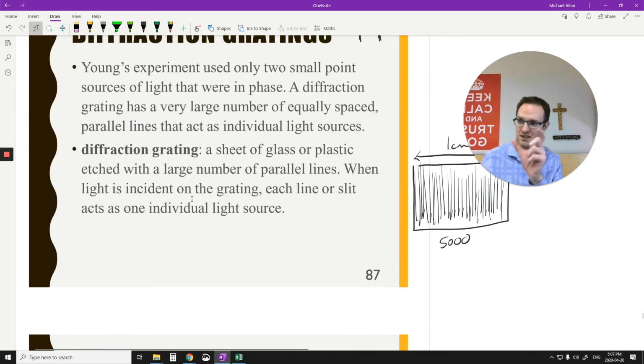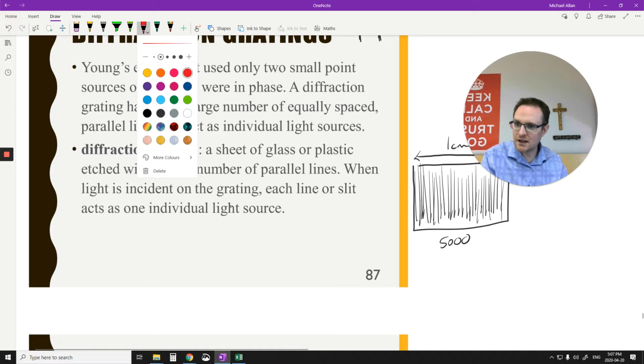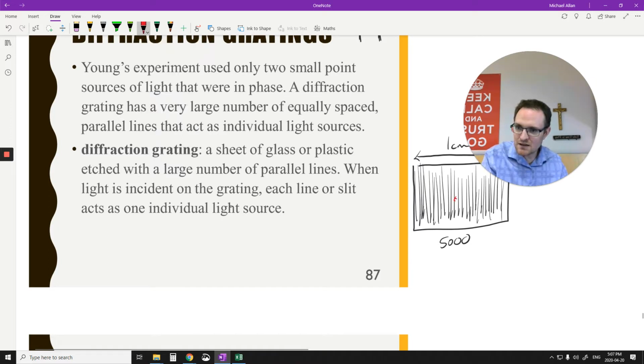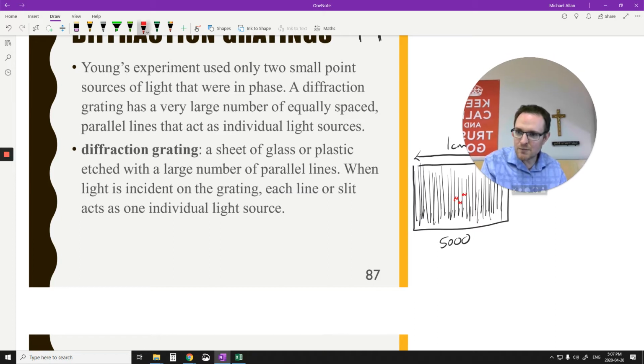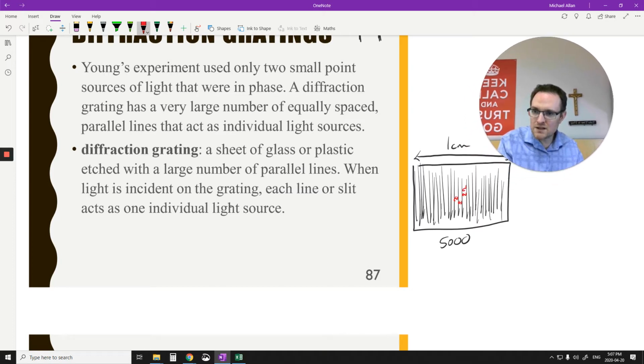Not how many slits there are, but the distance between them. So if I'm going to use this formula, I need to figure out how far apart each slit is, if every slit is evenly spaced. And once I know how far apart those slits are, then I can use that d to solve the next questions.